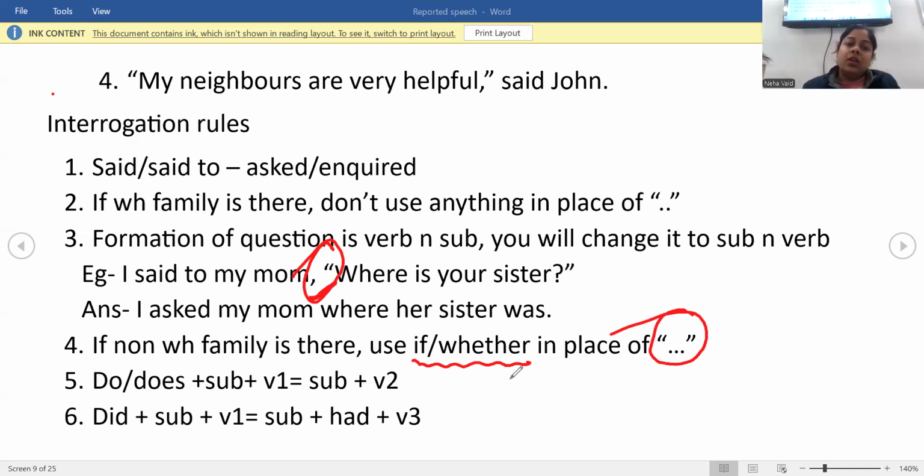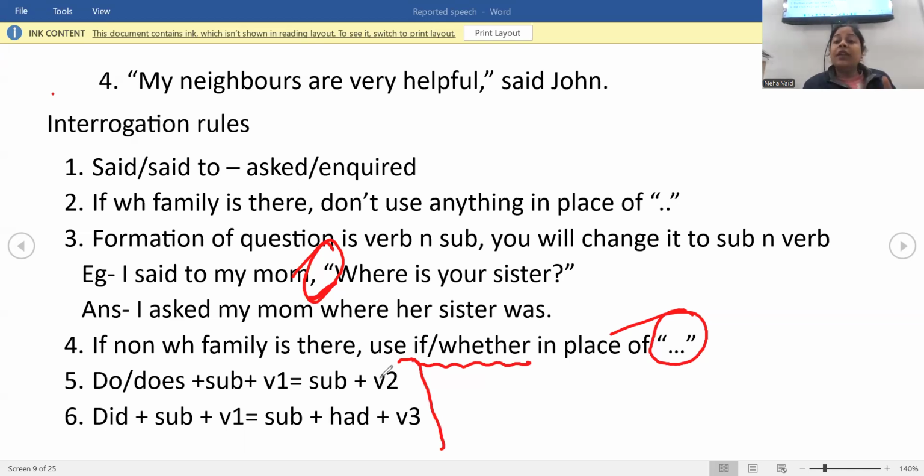Now I'll come to the point that I covered in the last class. That is do, does. So here, do/does plus subject plus V1. When we are having do/does plus not, that changes to did not.